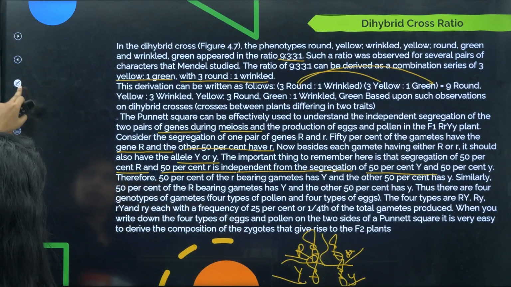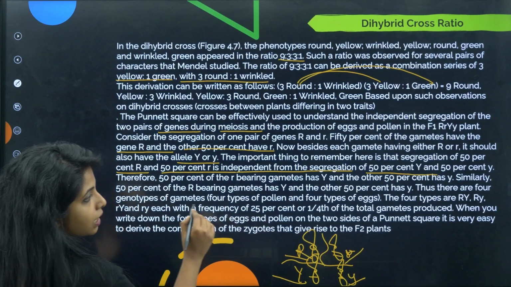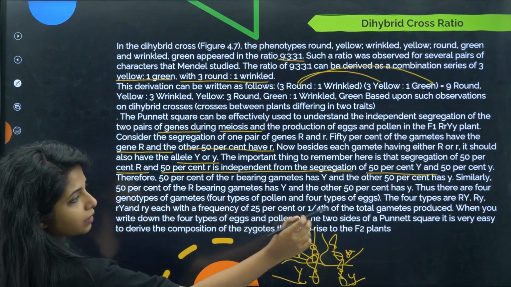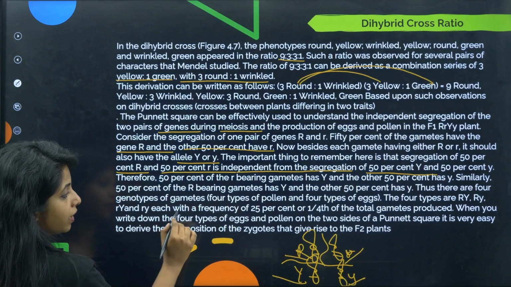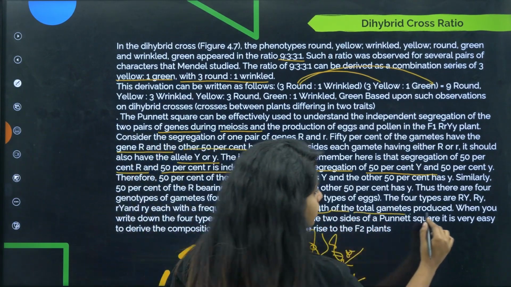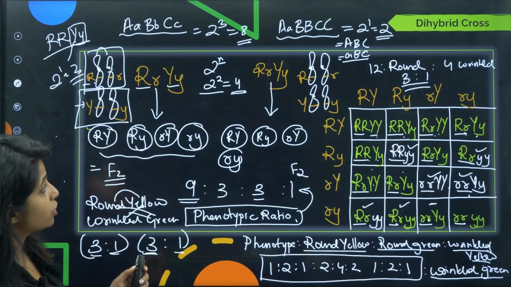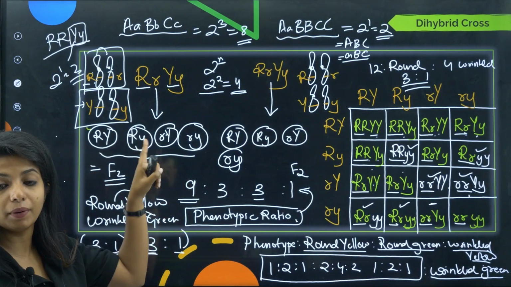What is something extra, let's see that. Okay. Thus there are 4 genotypes of the gametes. The 4 types are capital R capital Y, capital R small y, small r capital Y, small r small y, each with a frequency of 25% or 1/4 of the total gametes produced. So if you're asked this question, children, what is the percentage of chances that this gamete can come?